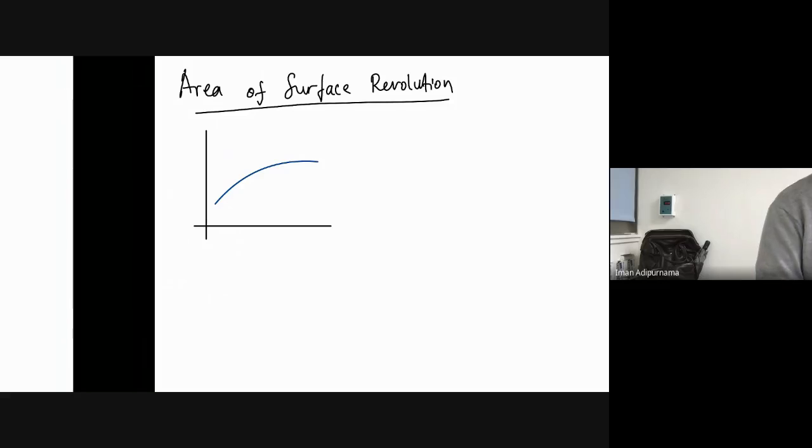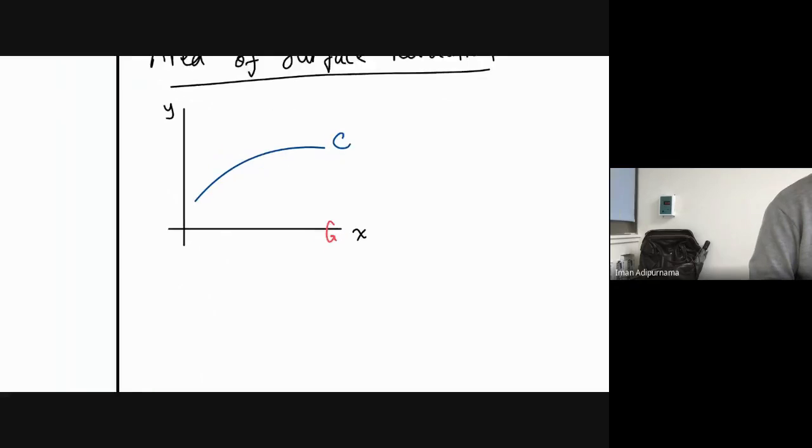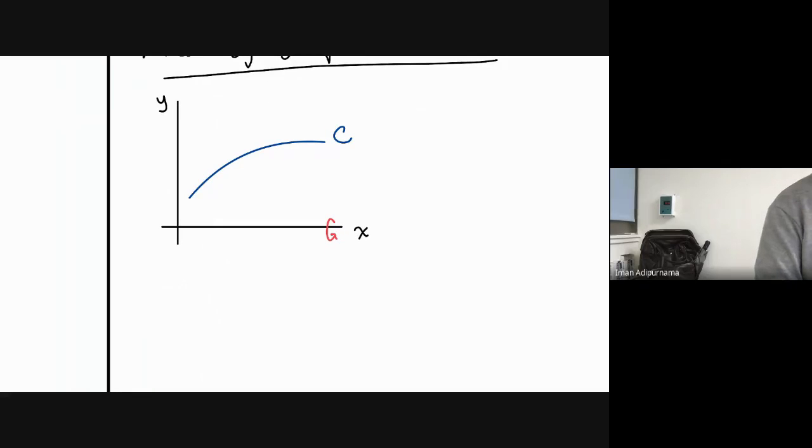If I have this curve, let's say C, and I want to rotate this C about the x-axis, I will have this curve, right?